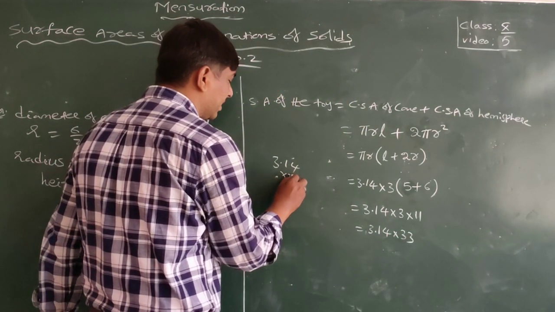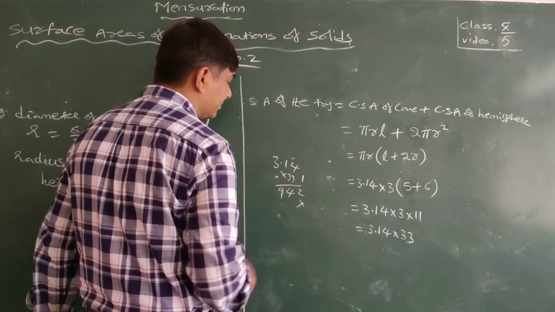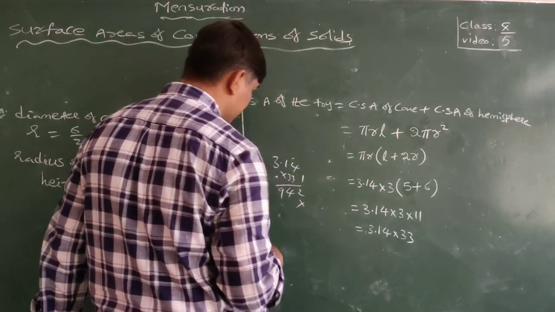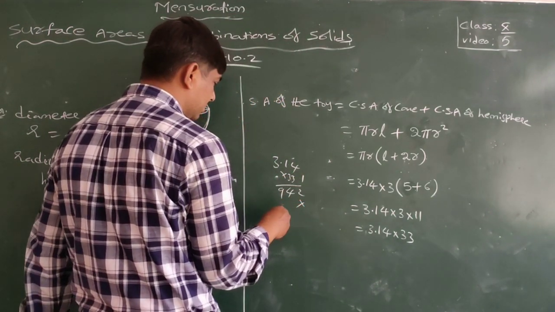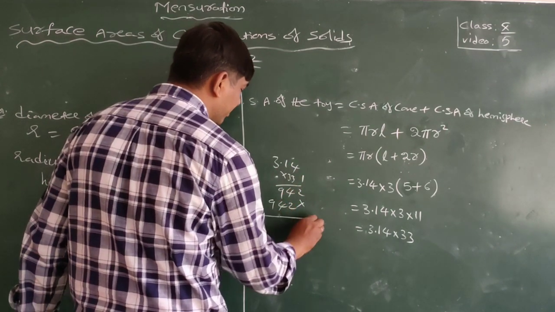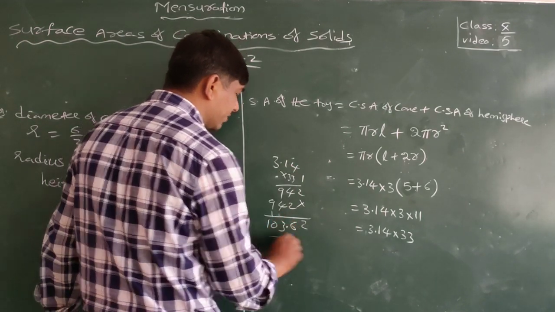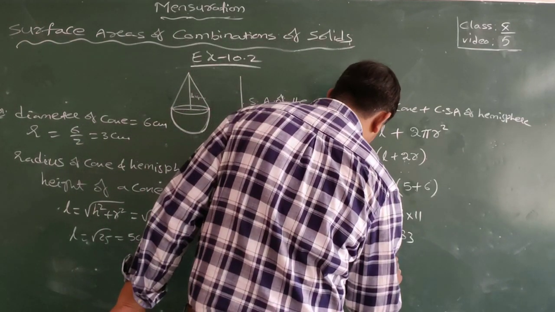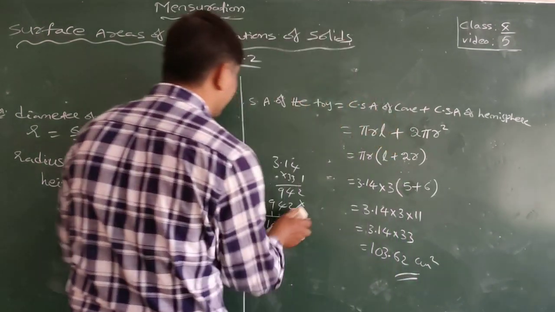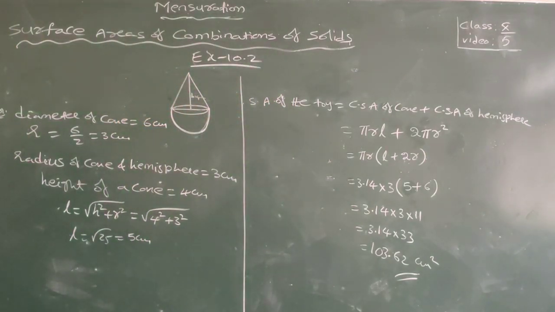Multiplying: 3 fours are 12, 3 ones are 3 plus 1 is 4, 3 threes are 9, 2 sixes are 13, 10. Two digits after the decimal for pi. So that is equal to 103.62 centimeter square. The surface area of the toy is equal to 103.62 centimeter square.